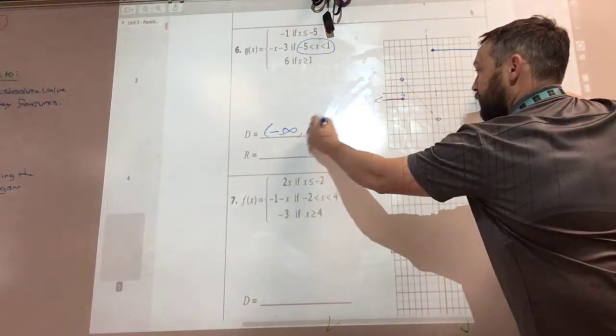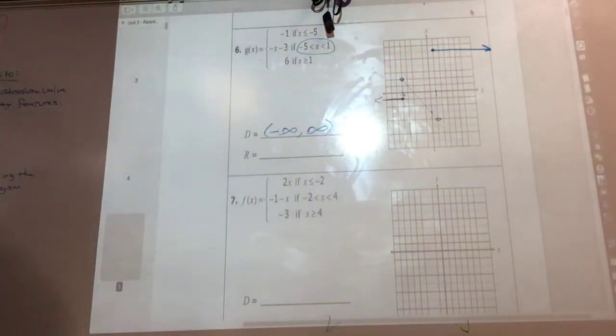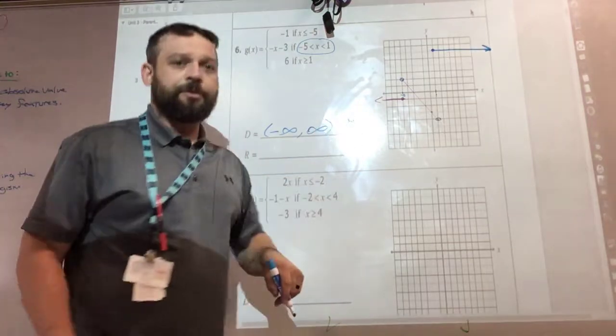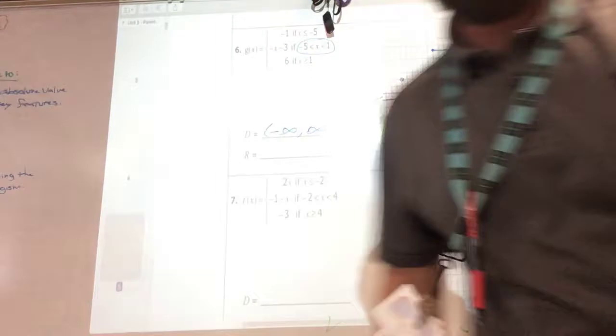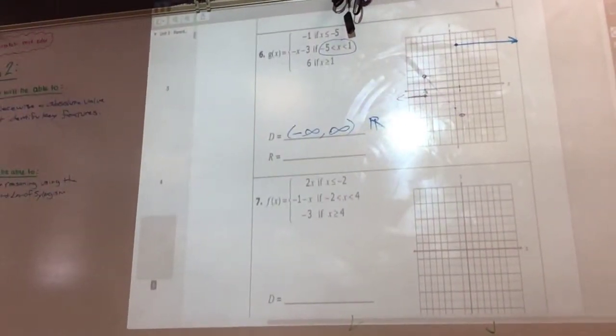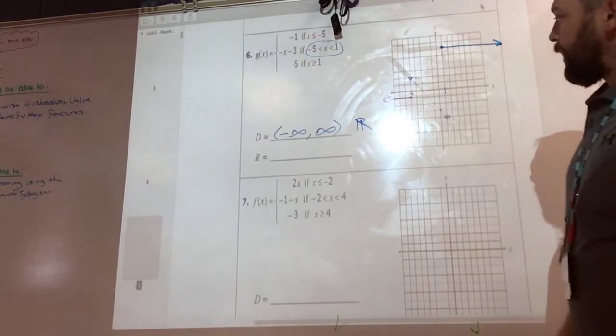And it's going to go to positive infinity. So you can read it like that. You could also write it as that, the all real numbers symbol. That's just as well. Let me see if I can move that over just a bit. Like that. There we go. Maybe that'll help a little bit.